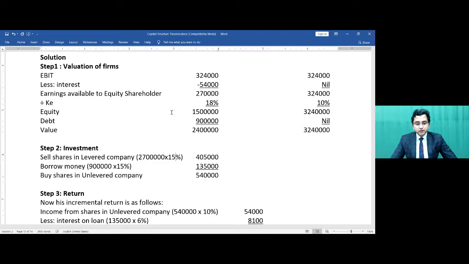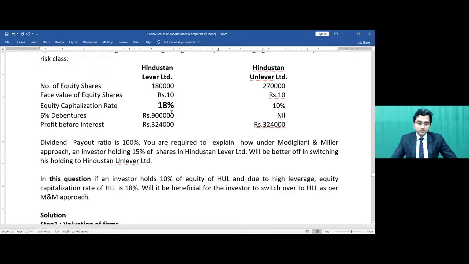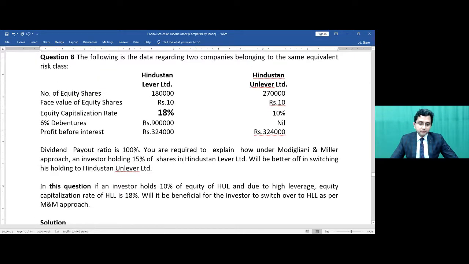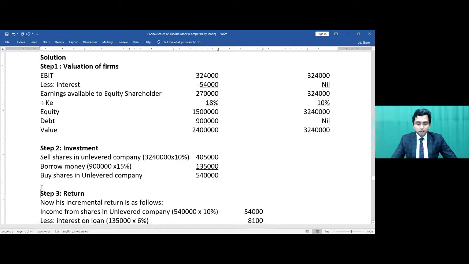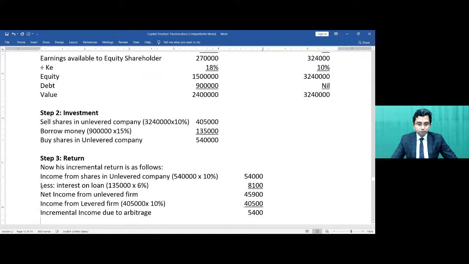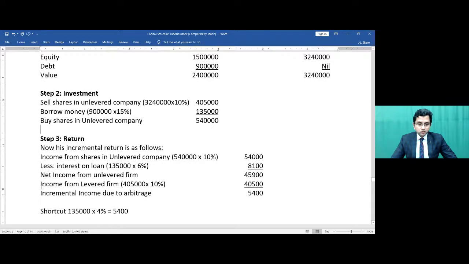So sell shares in unlevered company. That will be 32 lakh 40,000. And you are holding 10% shares in HUL. Question is saying 10% shares of HUL. So I'll sell shares in unlevered company.